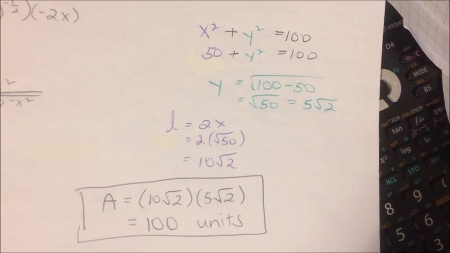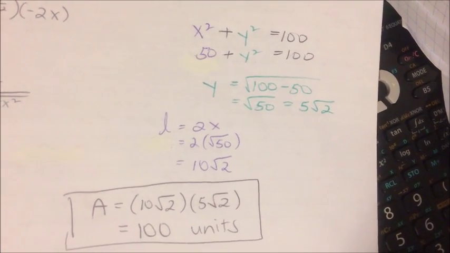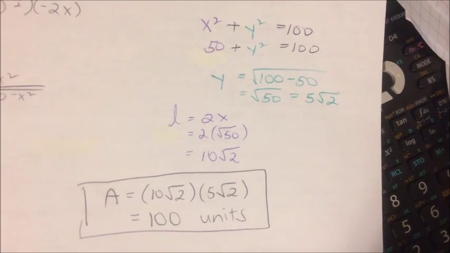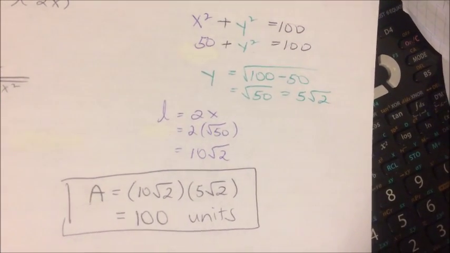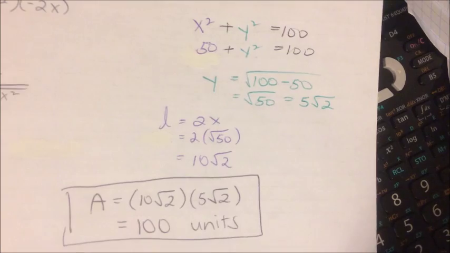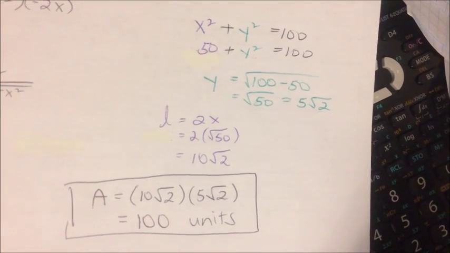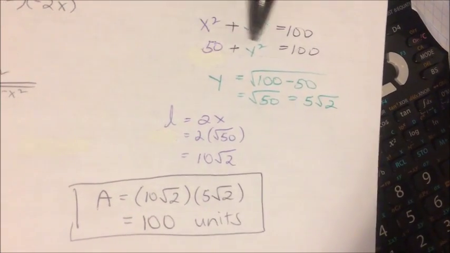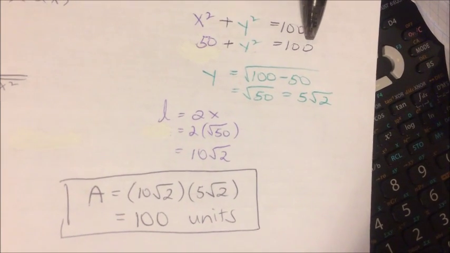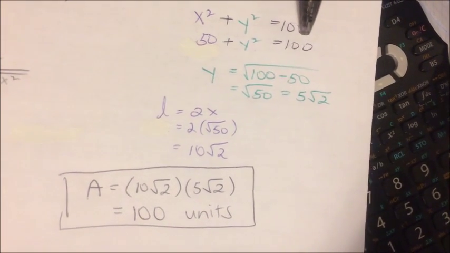Okay, so we just established that x equals root 50. When we plug that into our Pythagorean equation, x squared plus y squared equals 100, we get the square root of 50 squared, which is just 50, plus y squared equals 100. We're trying to solve for y.